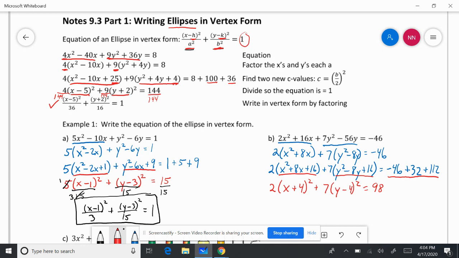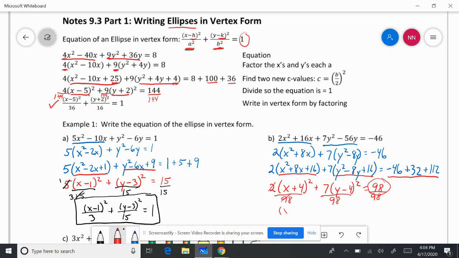Now our last step in order to put it in vertex form is to divide by our number on the right. In this case, we're going to divide by 98. We're basically setting it equal to 1. When we do that, we can divide these by 2.